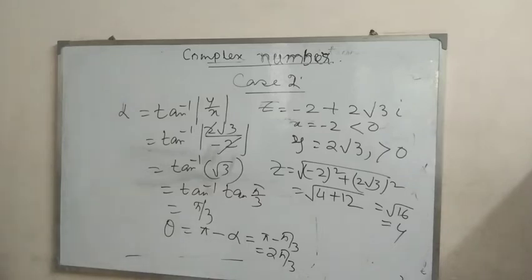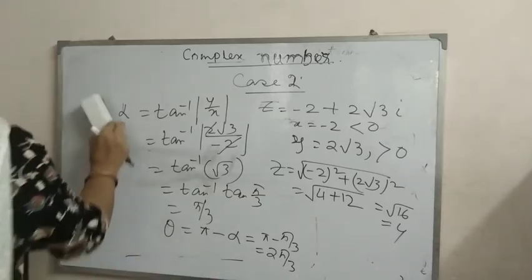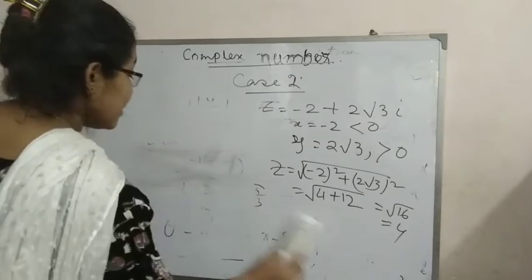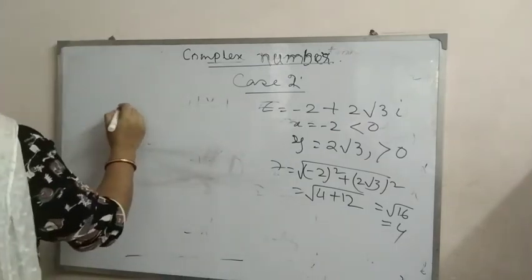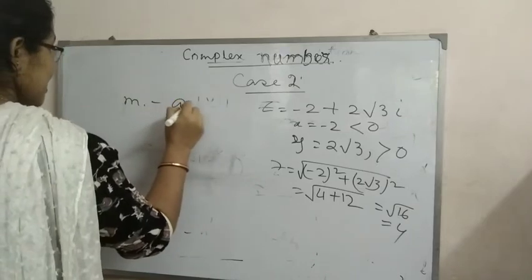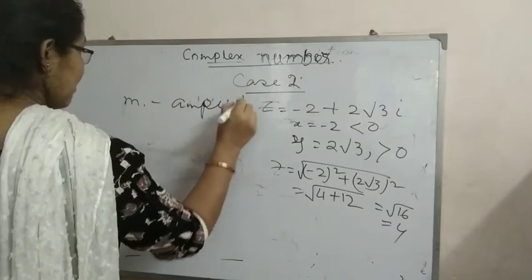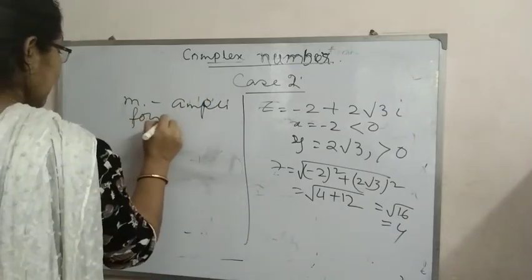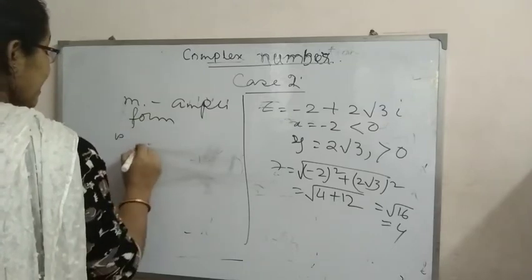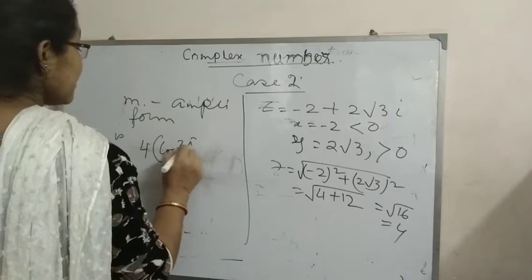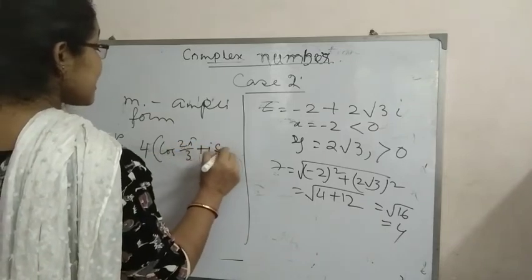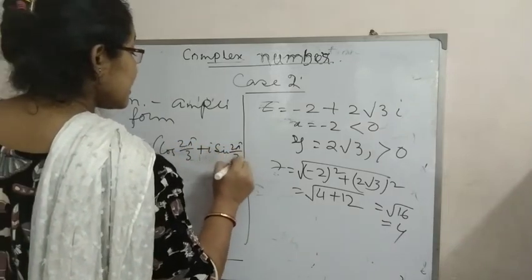The modulus-amplitude form is 4 times cos 2 pi by 3 plus i sin 2 pi by 3.